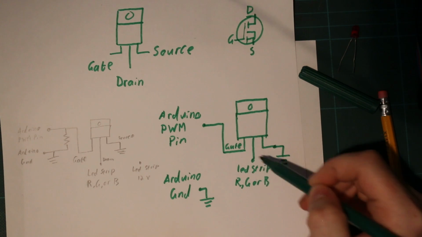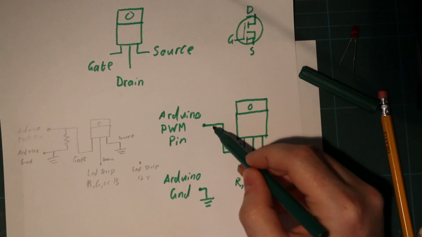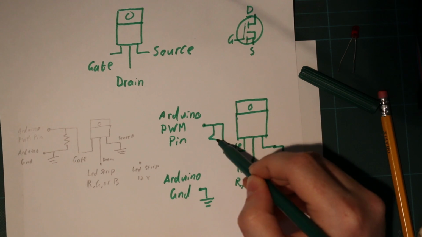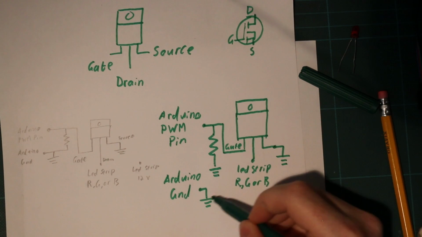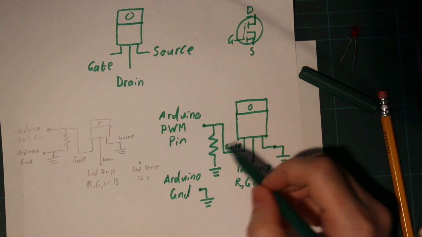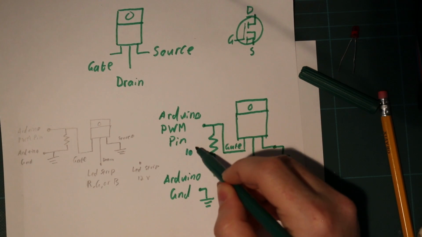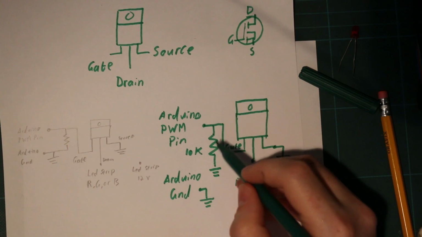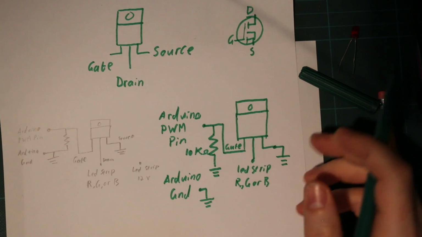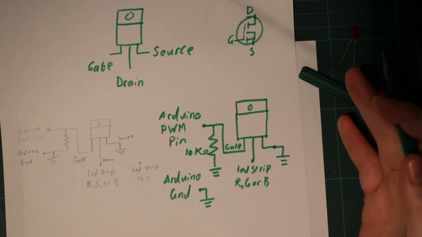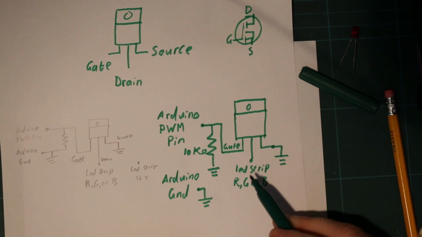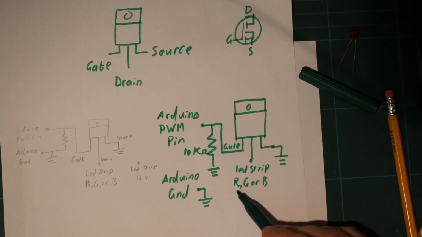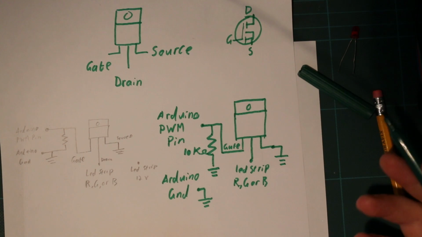This gate might get opened accidentally, so we're just going to put a resistor there, connected to the same ground as that one, and generally we use 10k, 10 kilo ohms. So that's our basic circuit, fairly straightforward, and this is how you control 12 volts of the red, the green, and the blue LED.